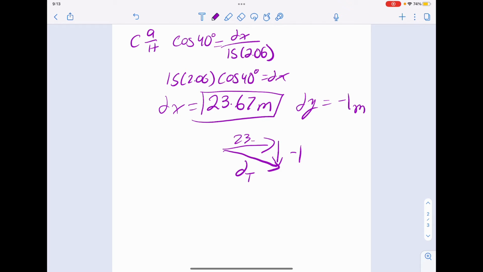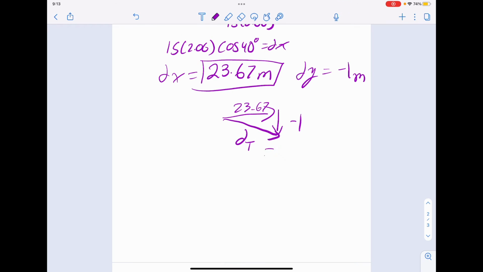So 23.67 squared plus 1 squared, and then we're going to square root that answer. And we end up with 23.69. So that means the displacement total was 23.6918, whatever.